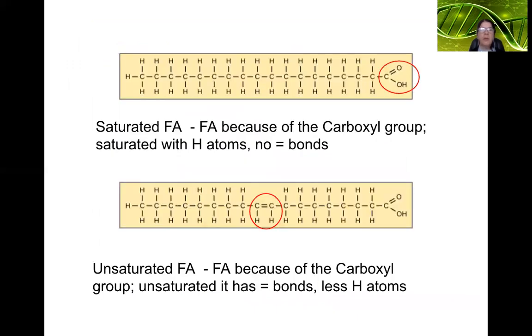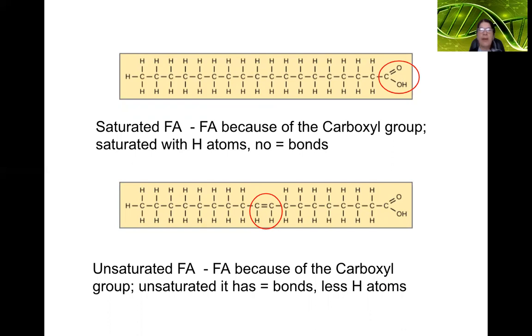There are 2 types of fatty acids. Saturated fatty acids are called fatty acids because of the carboxyl group, and the carboxyl group is a negatively charged acidic group, if you remember. Saturated fatty acids have no double bonds. They're saturated with hydrogens.